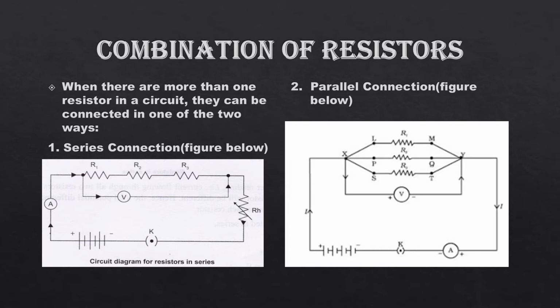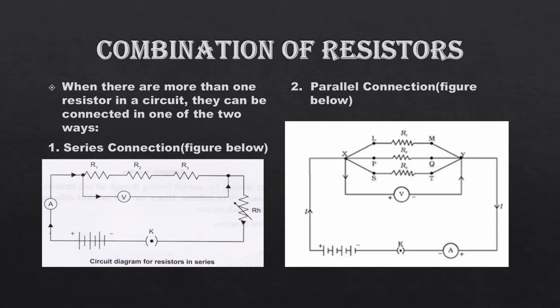Similarly, A is also in series connection. RH, that is rheostat, is also in series connection. Battery is also in series connection. Plug key is also in series connection. But voltmeter you have to draw separately, that is in parallel connection. You see the line of voltmeter and the line of resistors are parallel to each other, so such a connection is called parallel connection.